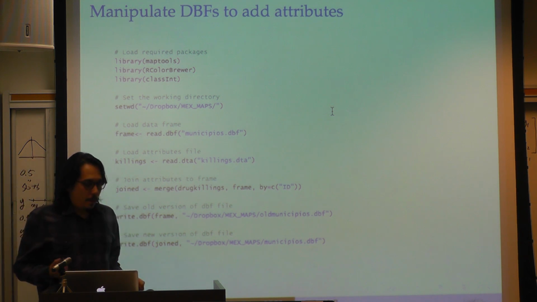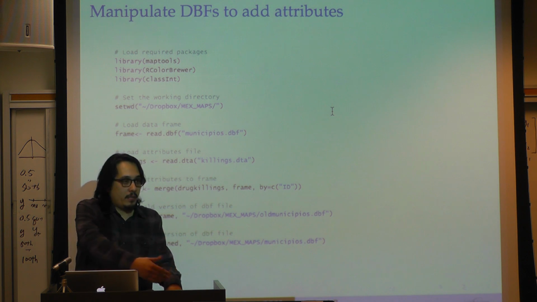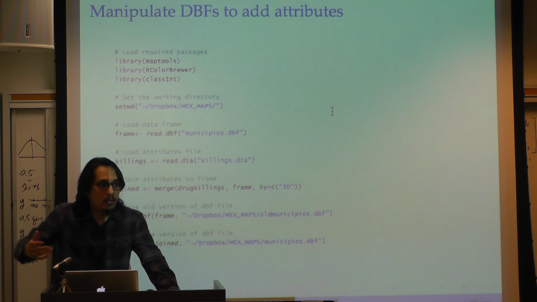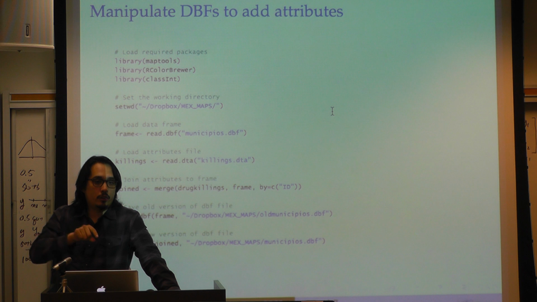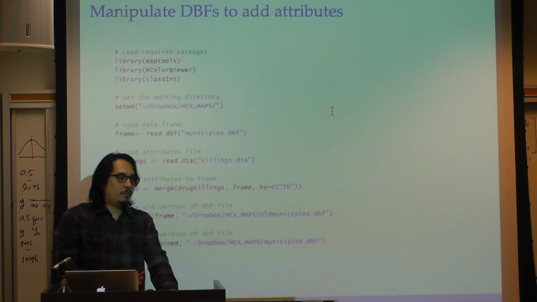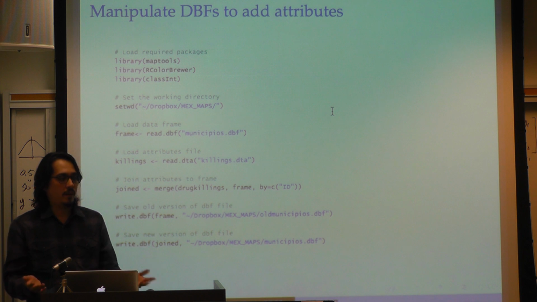And now you can rewrite the shapefile, I mean the DBF file, so that when you plot the shapefile and look at the attributes table, you will see all the variables that you just merged in. But that means that your DBF file was modified, and you may want to save the older version.